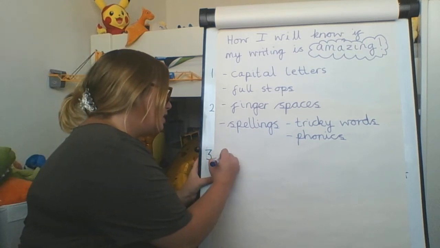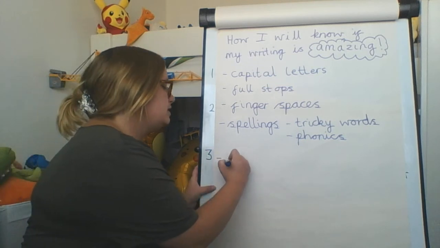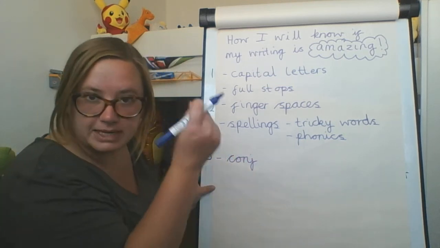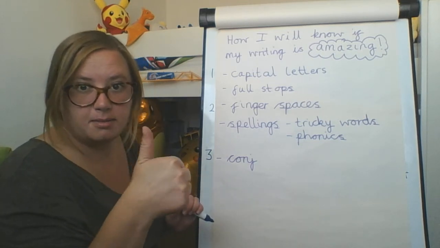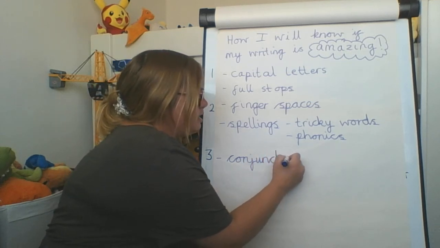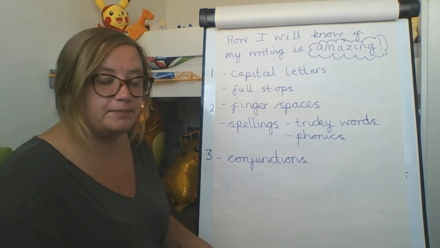I would like to be seeing some conjunctions. Now, we've done some work on conjunctions. I've seen some of your work actually that was emailed to me, and it was pretty fantastic. So well done you, big thumbs up. So I'm going to look for some of those words like, and, but, so, because, or, if, when.